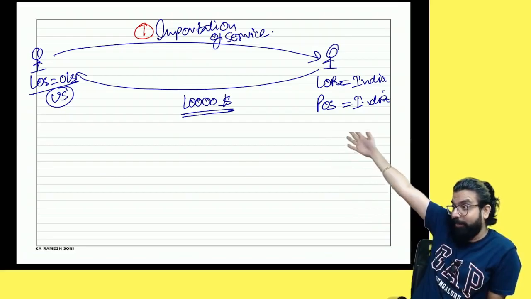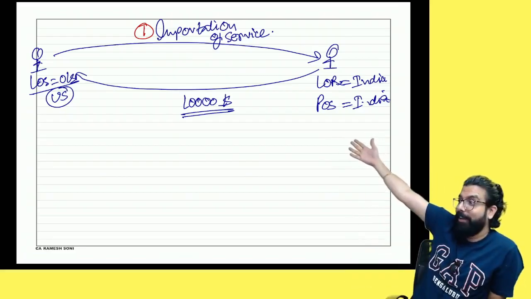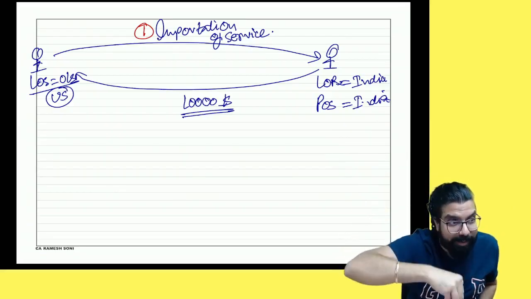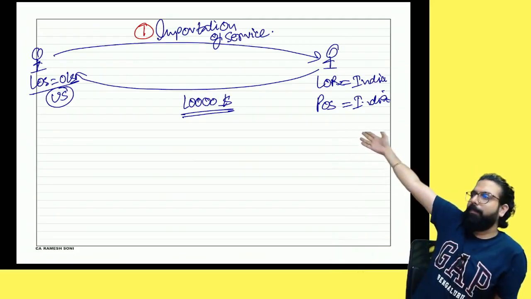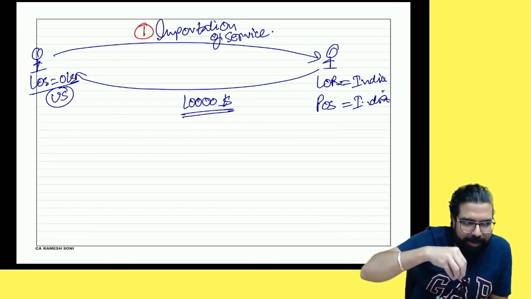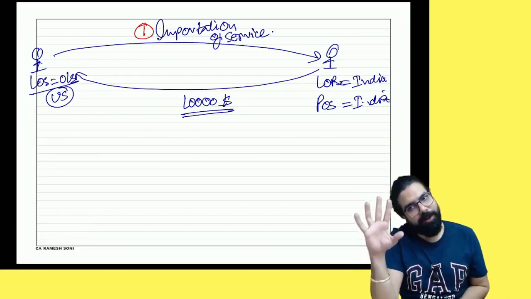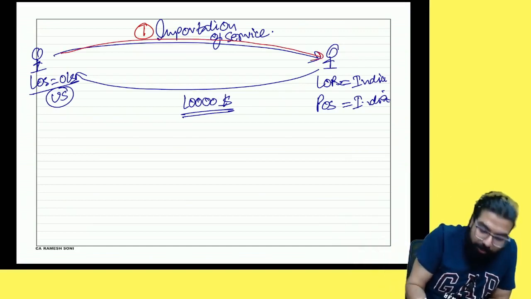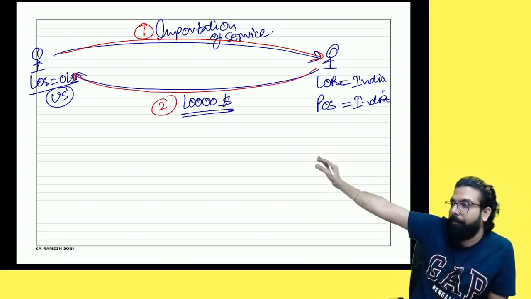Supplier is outside. Recipient is in. Service given in India. Then it is importation. What is importation? Supplier is outside, recipient is in, service given in. It's called what? Importation of service. If importation of service has happened, it should be for a consideration, means I should have paid him.